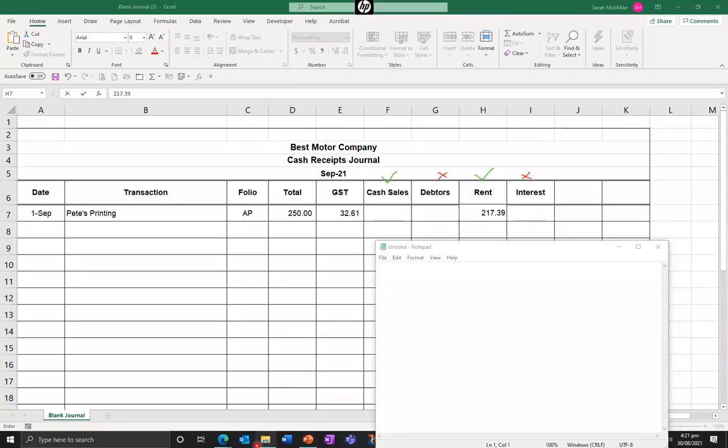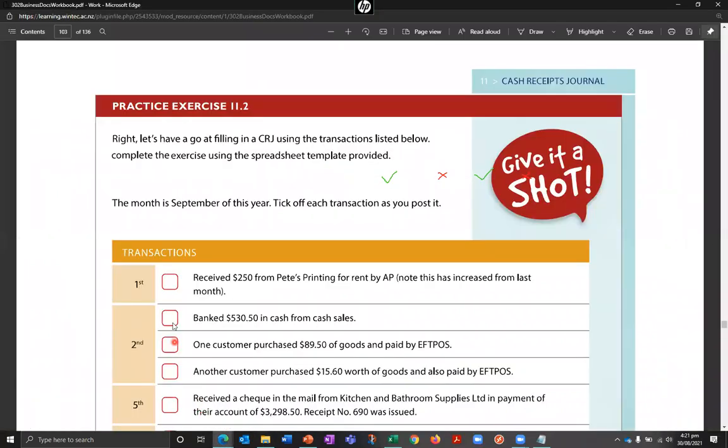So that is our first transaction completed. Received $250 from Pete's Printing. We've done that. Then we move on to the next one.